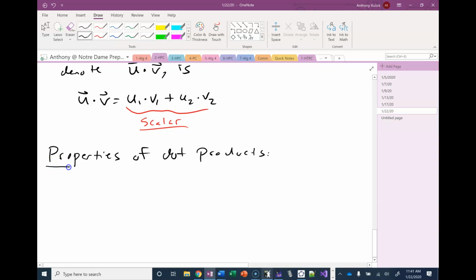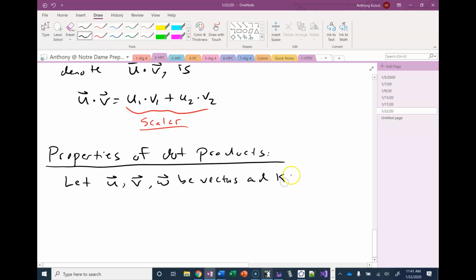So let's look at some properties of dot products. The first thing is the dot product is commutative.